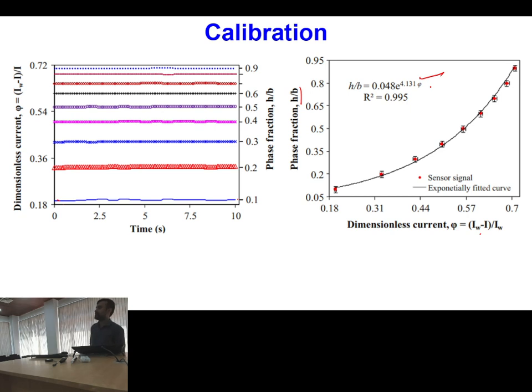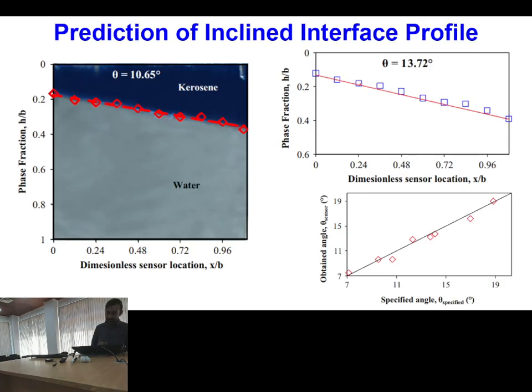Okay, so this is now our standard master curve. Now by knowing the value of phi for any unknown distribution of phases within the system, you can predict the value of phase fraction h by b for the system. Is this point clear?